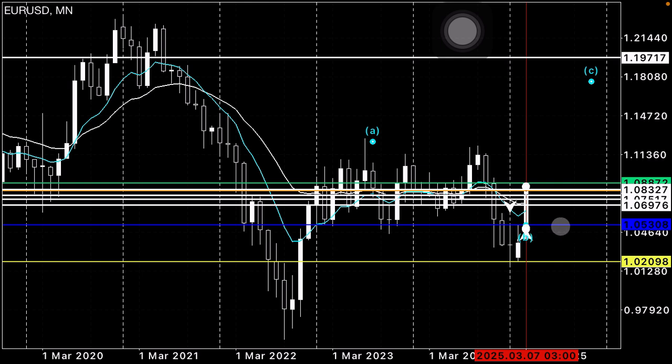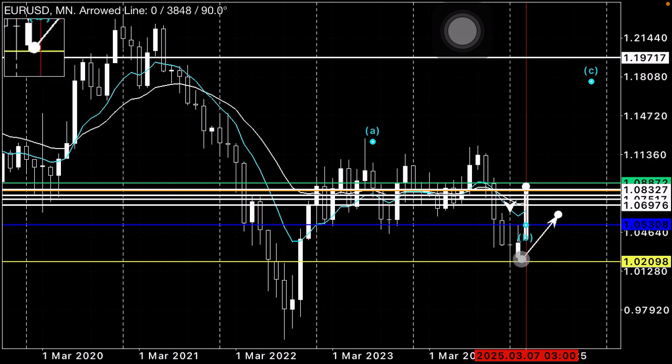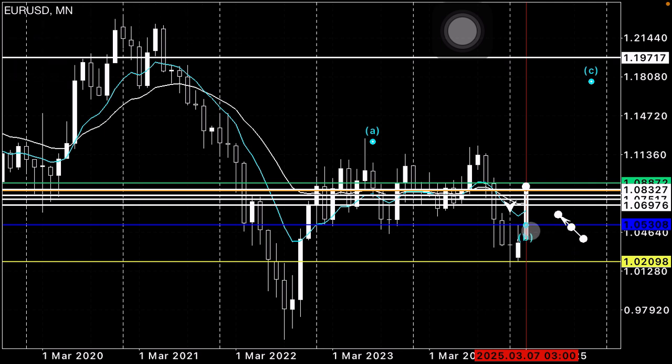Right here. Here's the blue line on the monthly. A, B. Put that B back down. Whoops. Brother has to get this B here.